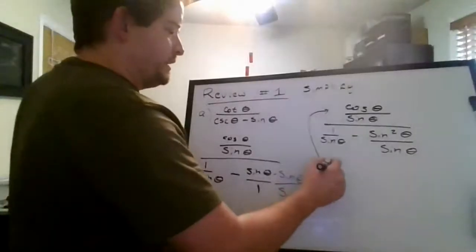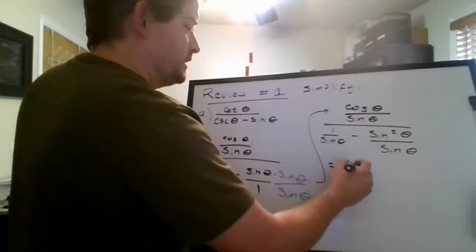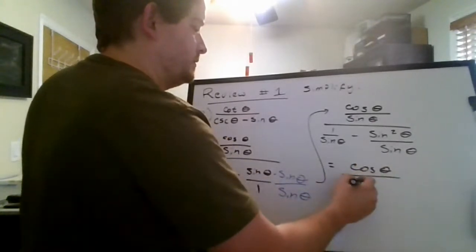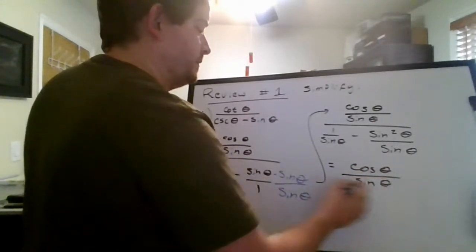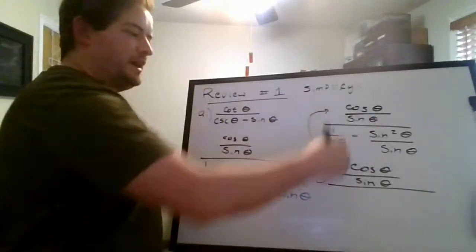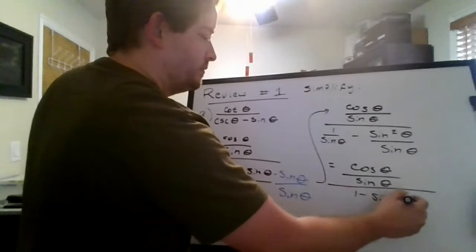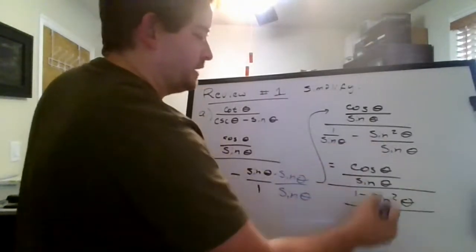Okay. The denominator is both over sine of theta, so I can rewrite this as still cosine of theta over sine of theta, all over 1 minus sine squared of theta over sine of theta.